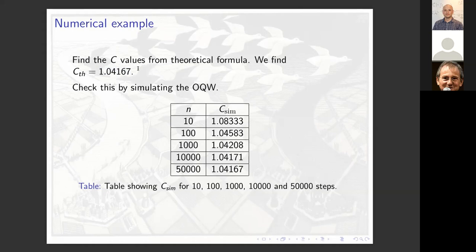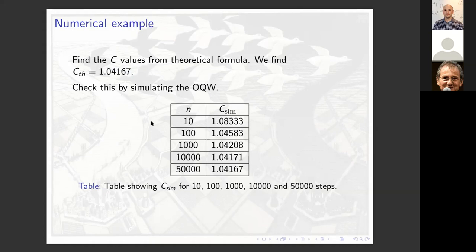And then a nice thing to check is: can we simulate the open quantum walk, and can we reproduce this number? That's summarized in this table here. I think this was done in the quantum trajectory formalism.